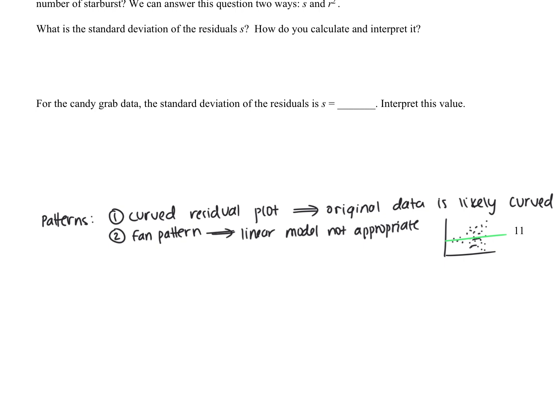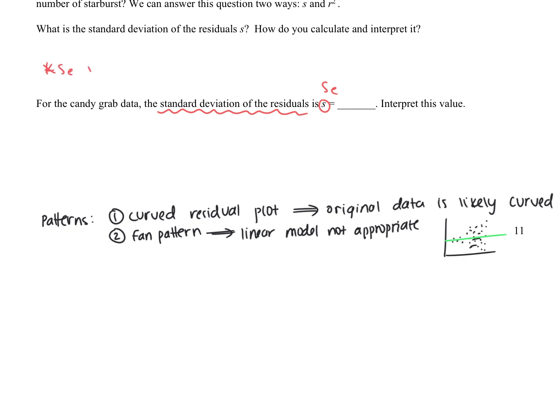The next thing that we're going to talk about is standard deviation of the residuals. Sometimes it uses the symbol S. Sometimes you might see SE. So either one of those refer to standard deviation of the residuals. Standard deviation, we remember, is the typical deviation from the mean.